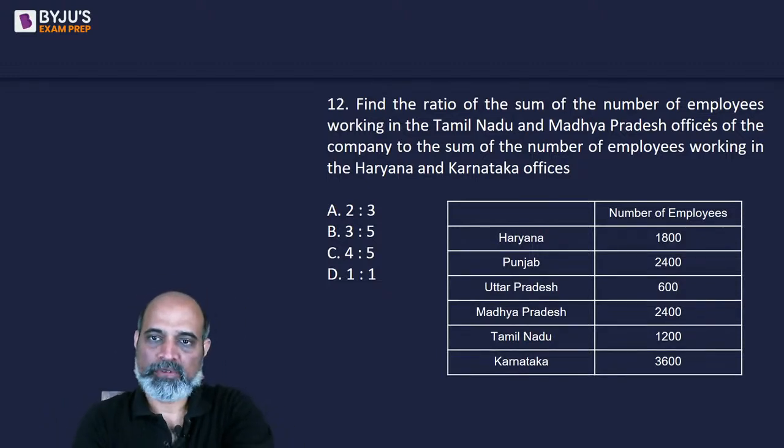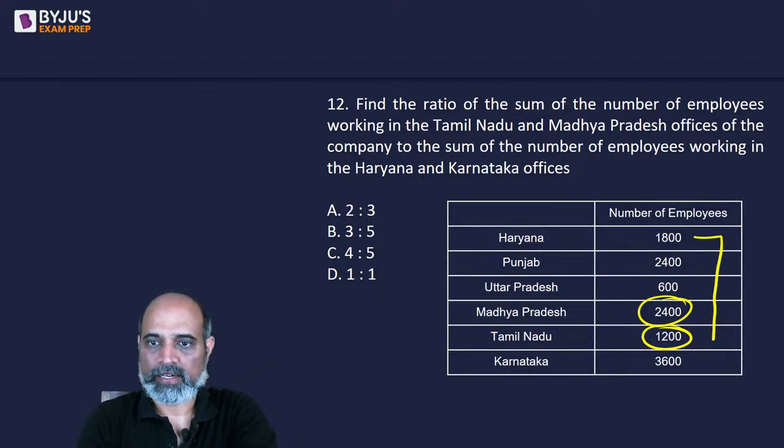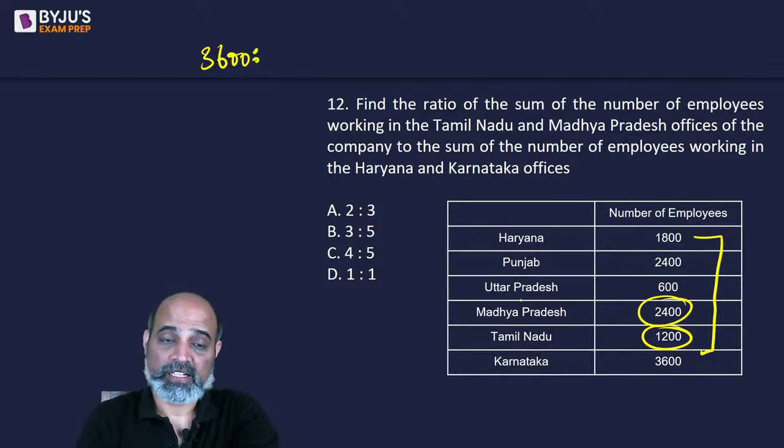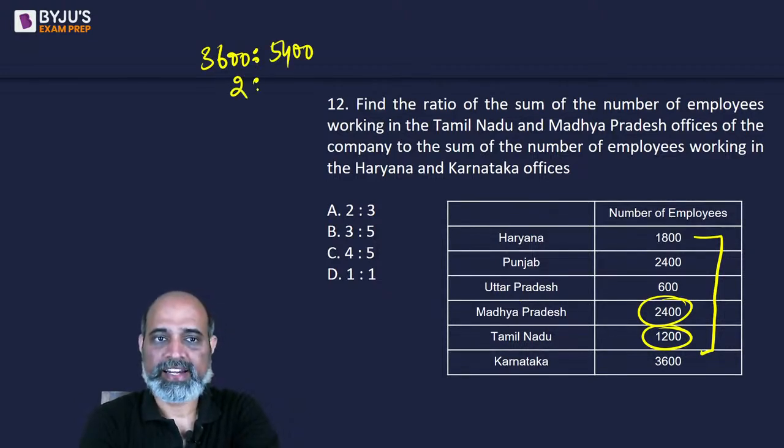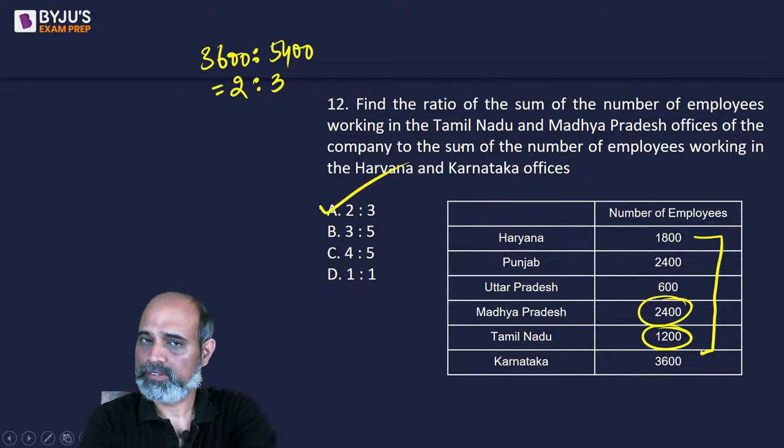Find the ratio of the sum of the number of employees working in Tamil Nadu and Madhya Pradesh office to the sum of the number of employees working in Haryana and Karnataka. So this is going to be 3,600 is to 18 plus 3,600, which is 5,400. So 18 into 2 is 36, 18 into 3 is 54, so 2 is to 3.